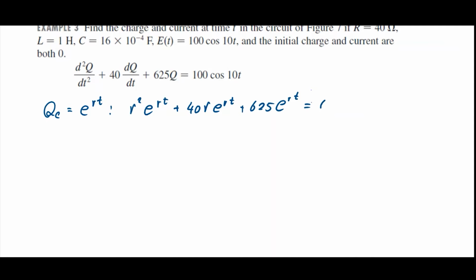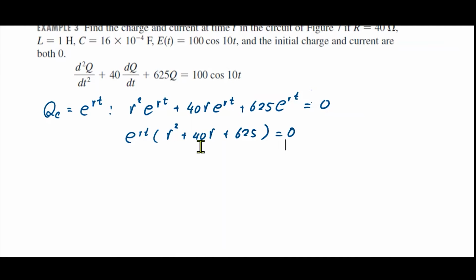And then we have to solve this homogeneous equation before we can apply it to the particular solution. Exactly the same thing we did. So that becomes e to the RT times r squared plus 40r plus 625 equal to 0.